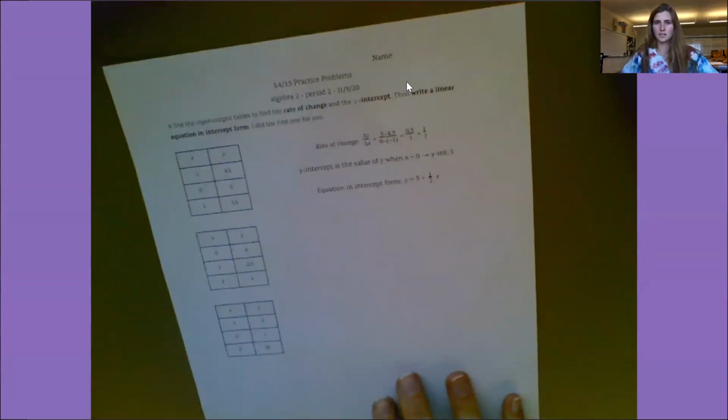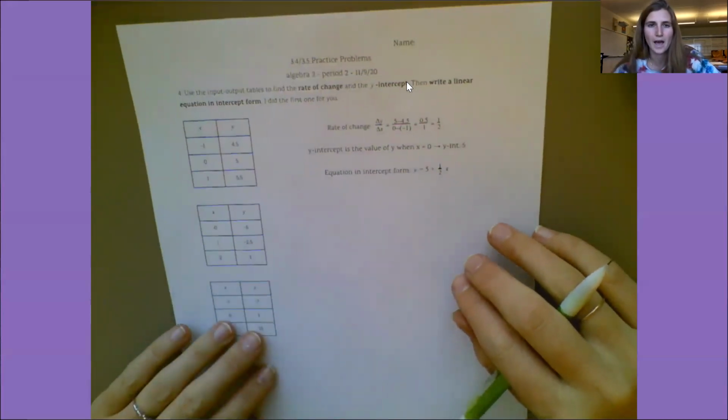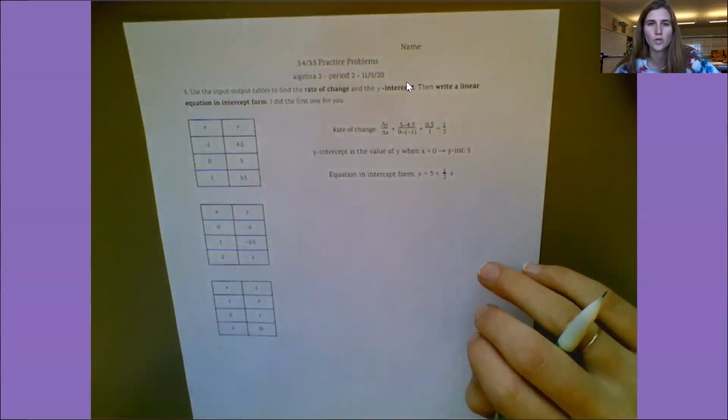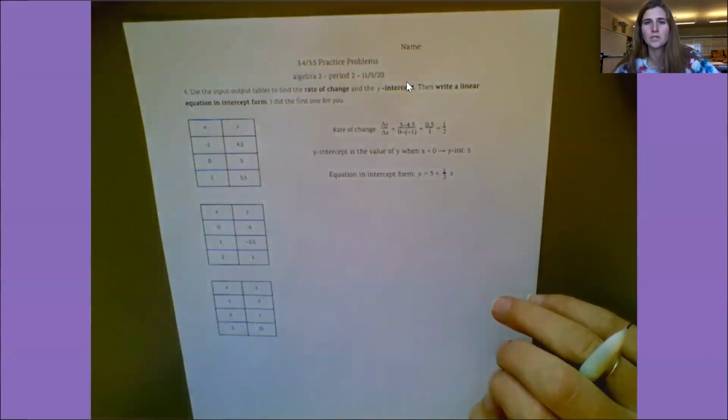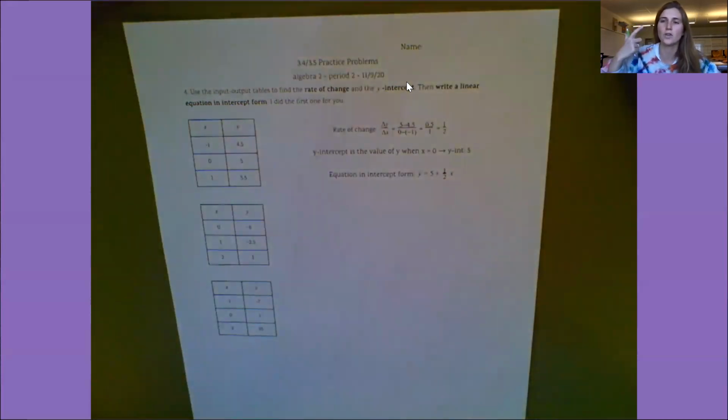Right, let's get on to our last one, number 4. We want to use these input-output tables to find the rate of change and find the y-intercept. Then using the y-intercept and the rate of change, we want to write linear equations.